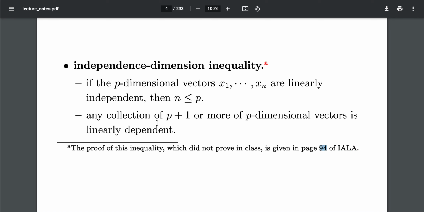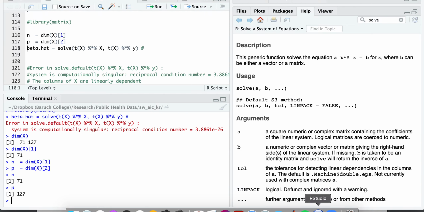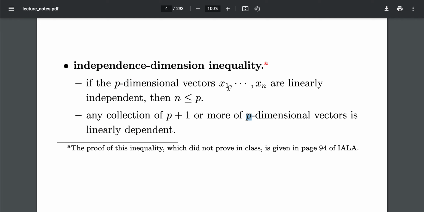But when we want to apply this to our problem, what is the dimensionality of our vectors? P for us is n, because n is the number of rows, and each column is n-dimensional. So we are speaking about 71-dimensional vectors.